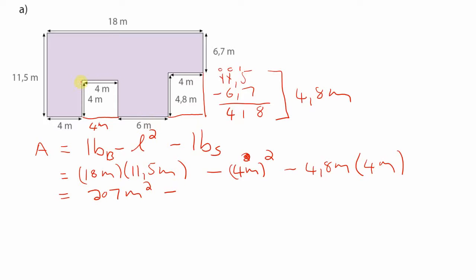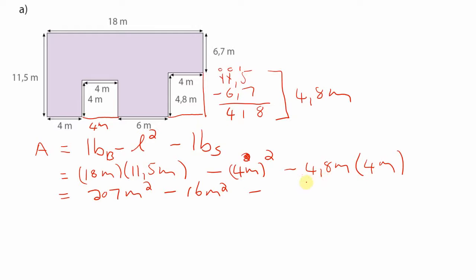Now we subtract firstly this little gap. So we know 4 times 4 is 16. Meter times meter is meter squared. Similarly, we have to calculate the area of this gap and subtract that. So subtract as it reduces out the area of the composite shape.